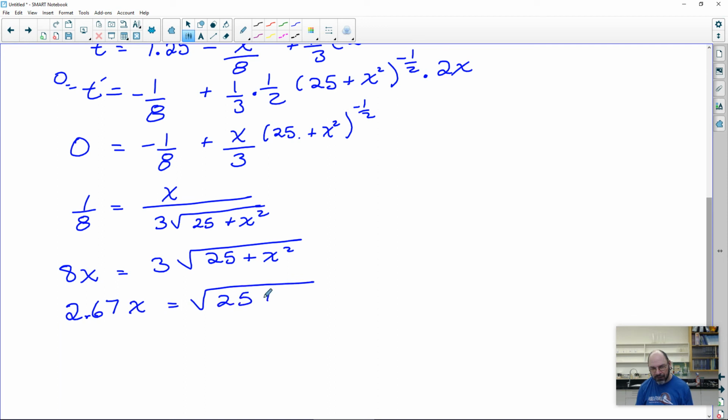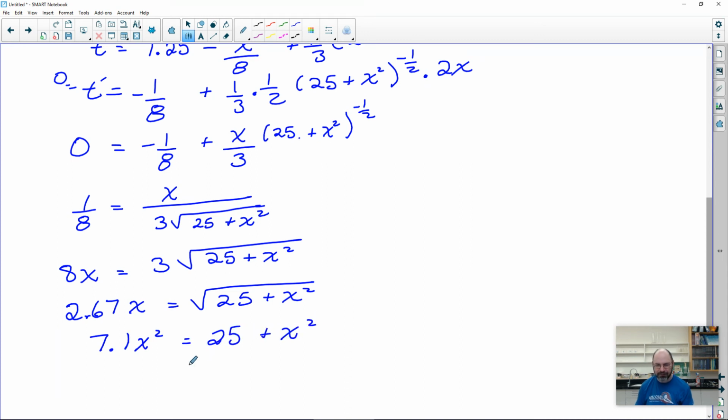Now, if you want to not have to round off, you can leave the 2 2/3 on your calculator like this, and then when you square it on both sides, you're going to get whatever you get. So I'm going to square that, and I get 7 1/9 x squared, or 64/9 x squared, or if you like decimals, 7.11 x squared equals 25 plus x squared.